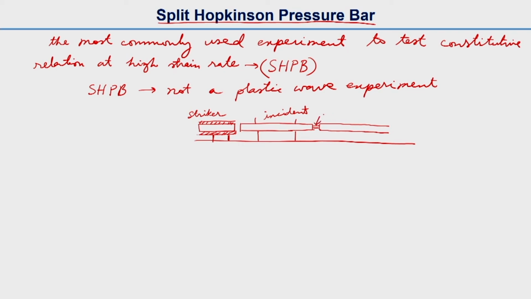So this is the specimen, this is the incident bar, this is the striker bar, and we have another bar which is called the transmitter bar.